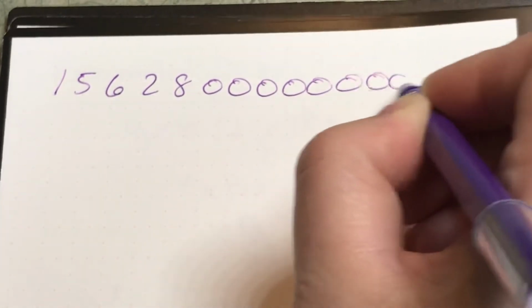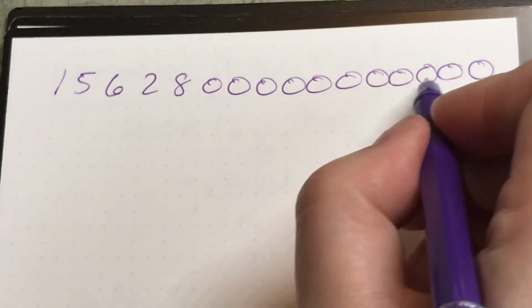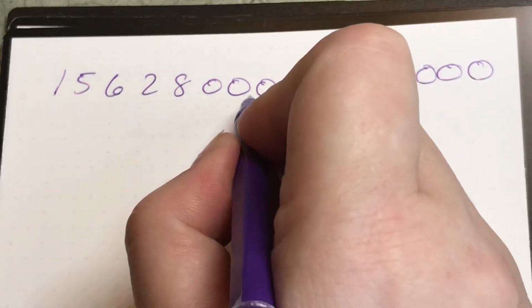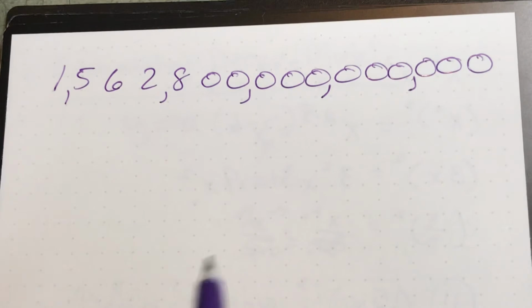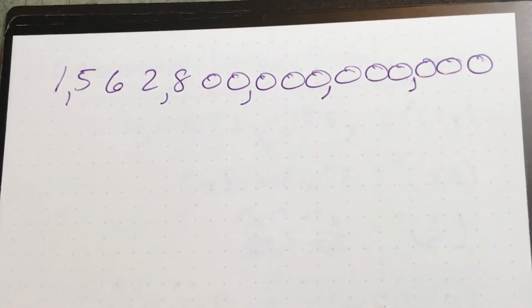So if I had 1, 5, 6, 2, 8 followed by a long string of zeros, that's a really long number to deal with. And so I'm going to rewrite this in scientific notation.